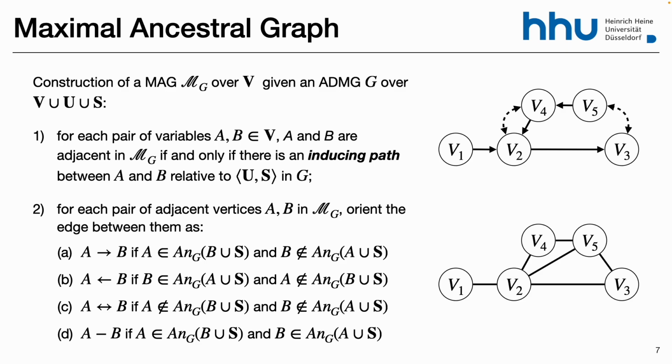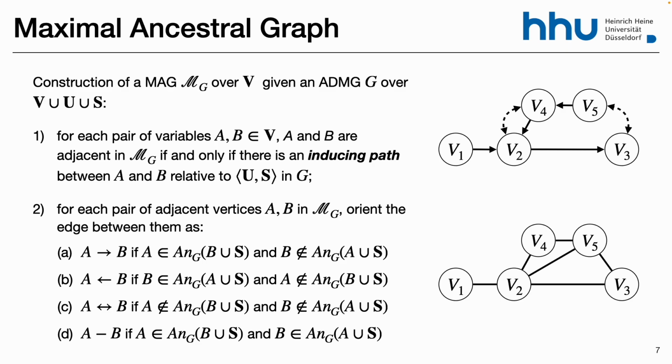We only represent ancestrality. So, for example, how is the orientation between V2 and V5? Okay, because there is a directed path between V5 and V2. V5 is an ancestor of V2, and this is going to be represented here.